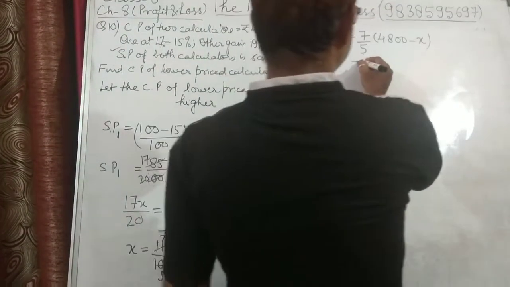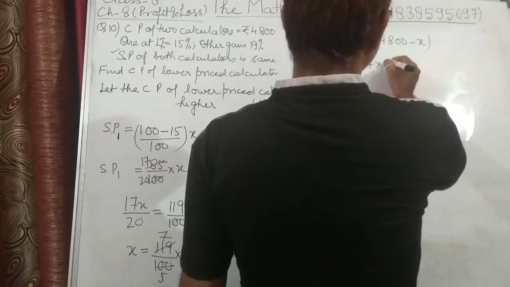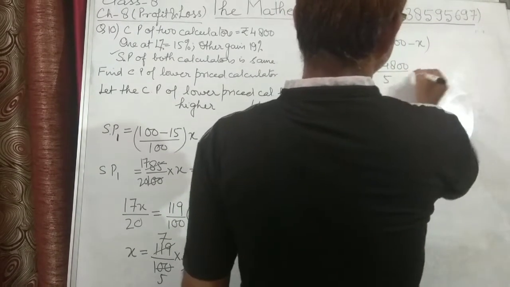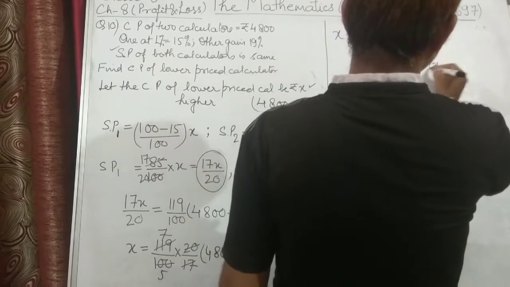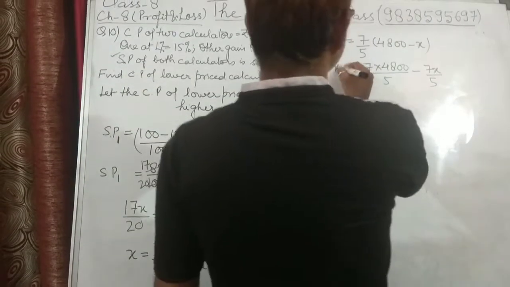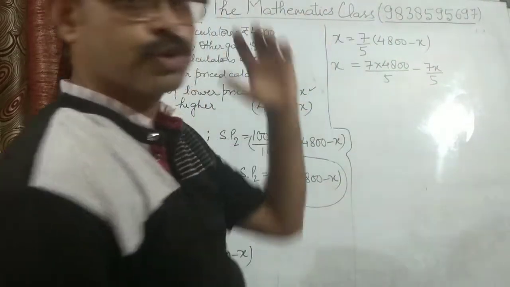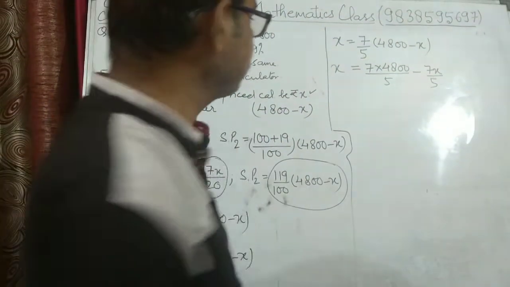Now when you multiply 7 into 4800 upon 5 minus 7x upon 5 is equal to x. This 7x upon 5 will come to this side so that all the variables are on the same side.